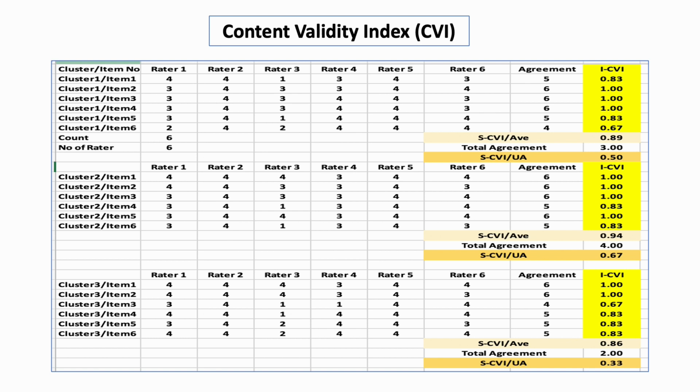Similarly, looking at factor or component 2, the SCVI or scale CVI average is 0.94, which is also acceptable, more than 0.80, and the last one is 0.86, so it's also acceptable, right? So this is how you calculate the content validity index, and I have demonstrated that on an Excel sheet.